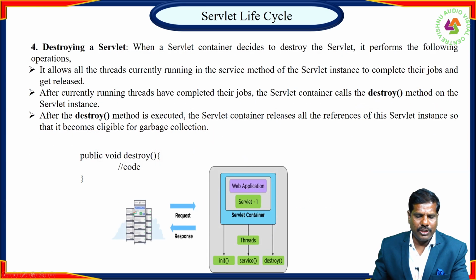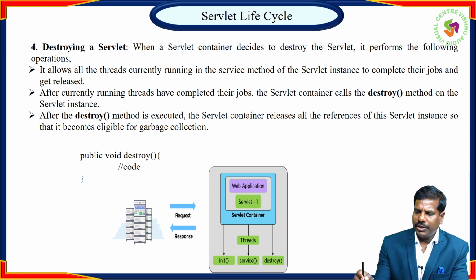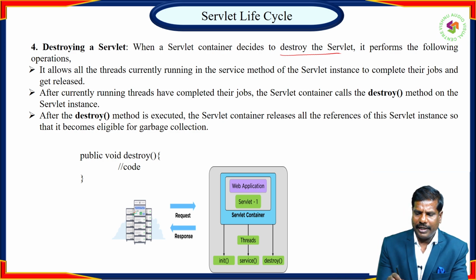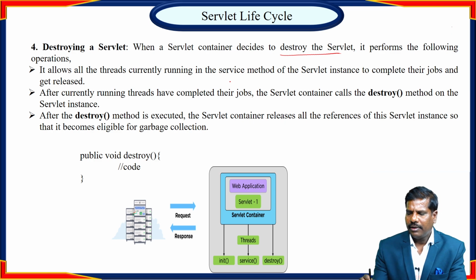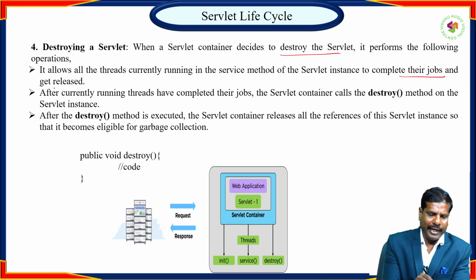Last step is destroying the servlet. When the servlet container decides to destroy the servlet, it performs the following operations. First, it allows all the threads currently running in the service method of a servlet instance to complete their jobs and get released.